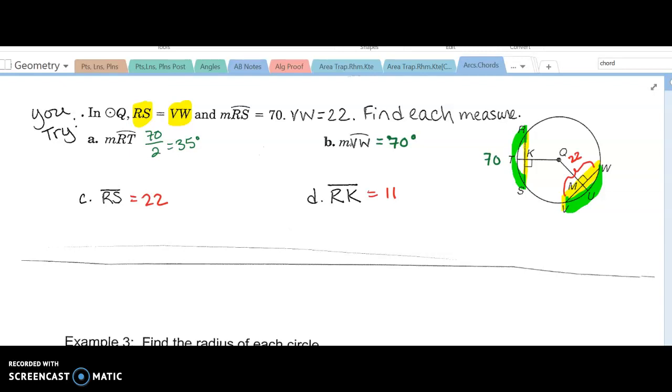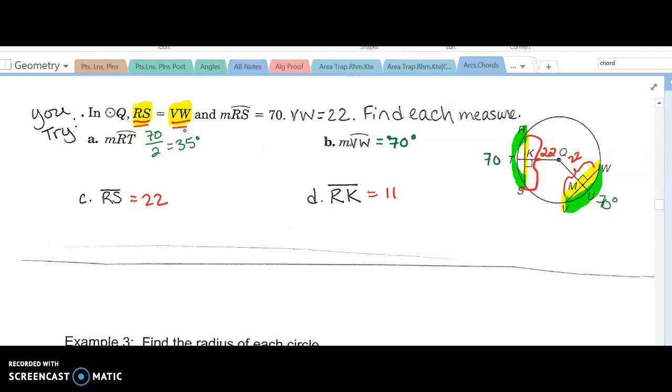Then we knew because this green one over here was 70 degrees, this would be 70 degrees as well. And they also told us the yellow arc over here was 22 long, so this one over here would have to be 22 long. And all of this, all the matchy-matchy parts, all are congruent because of this statement right here, that the chords are congruent themselves.